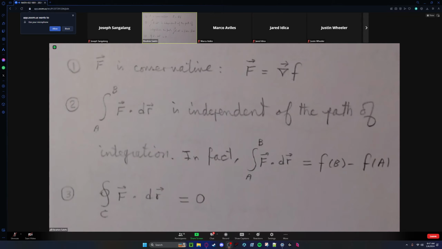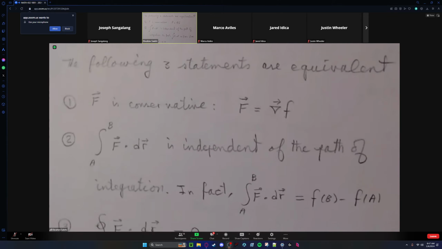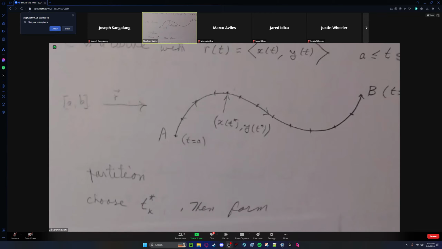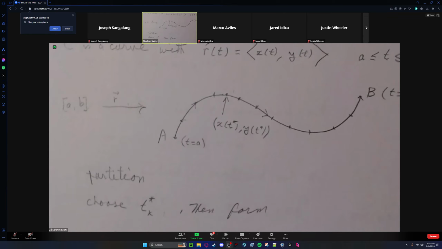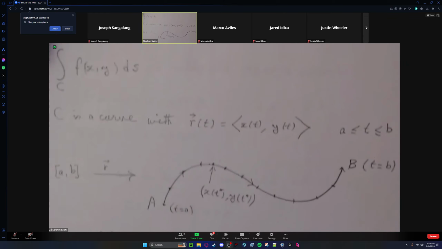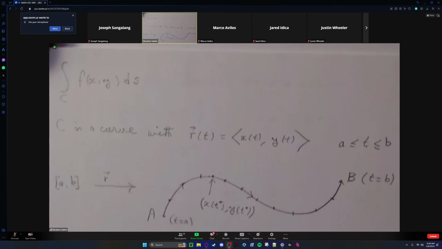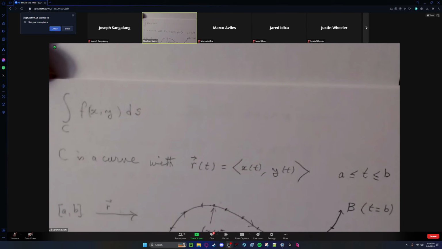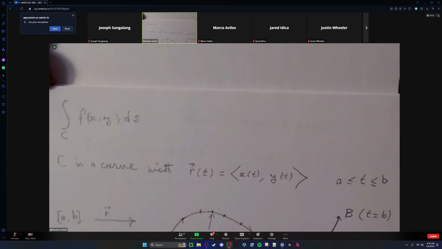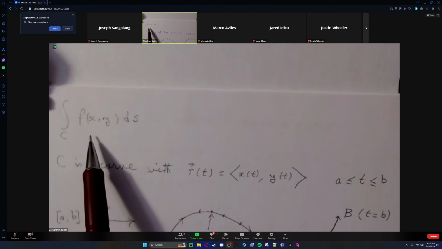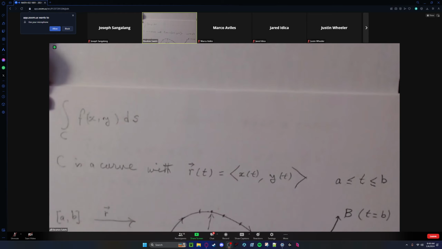Now, in complex analysis, here is what we did for the line integral of a function. I'm just going through the line integral of a function the same way that we went through finding the area. So you have a function defined and a curve is given.